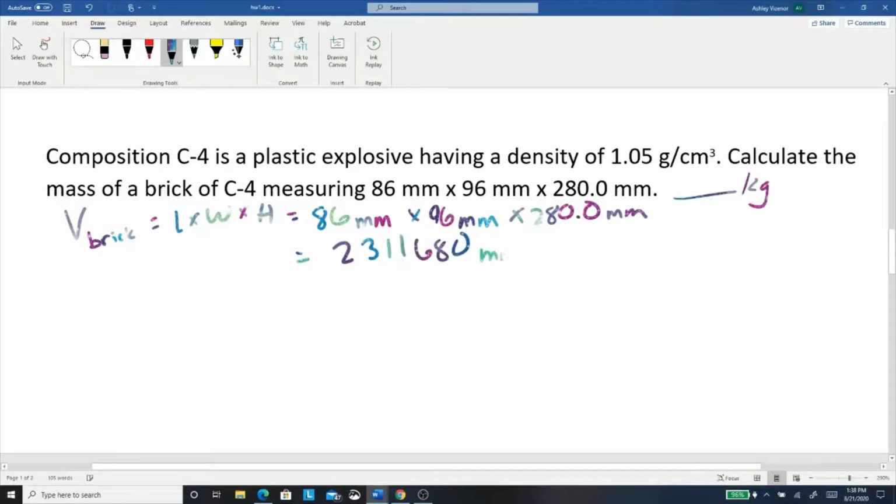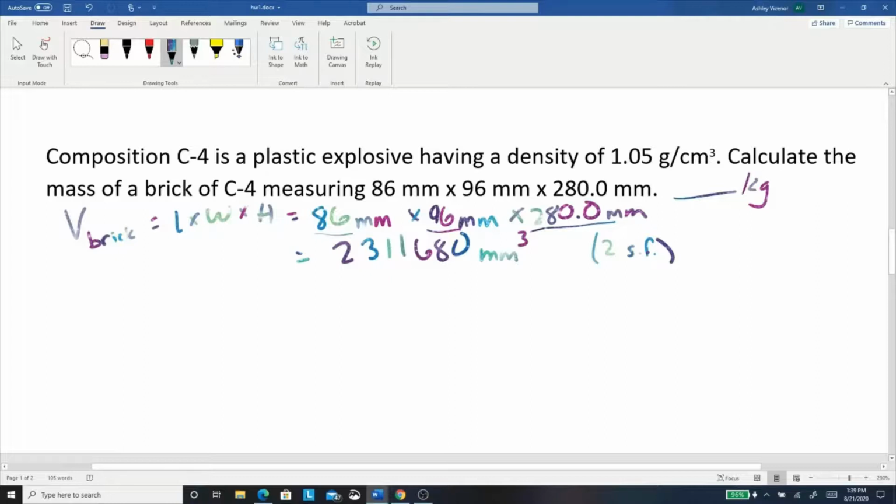2311680 cubic millimeters. Now, technically, this should be 2 significant figures, but a lot of times when you're doing math, you want to wait till the end to do your rounding. So I might put 2 SF here just to remind myself at the end, this needs to be 2 significant figures. So the 86 millimeters, that's 2, 96 is also 2, 280.0 is 4, so our lowest number is 2 sig figs.